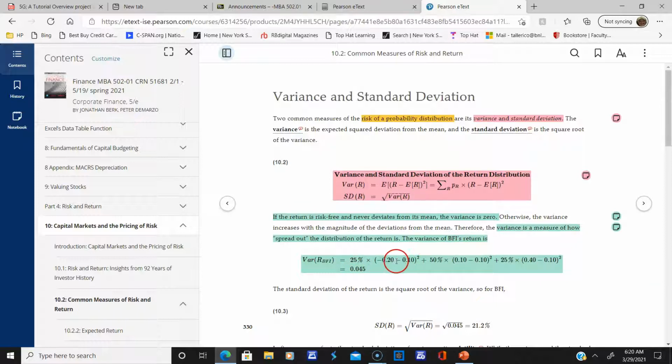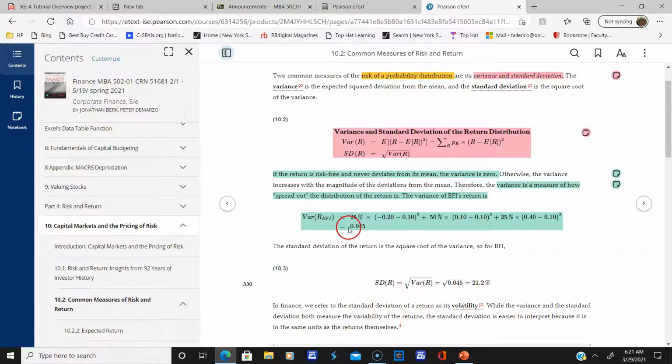Notice how they're subtracting the mean from each return and then squaring it. Everyone see how they're squaring it? Then they multiply it by the associated probability, and that gives us the variance. Once we get that variance, we just take the square root, and that gives us the standard deviation. So getting the standard deviation is probably the easy part. It's doing the variance portion that takes work.